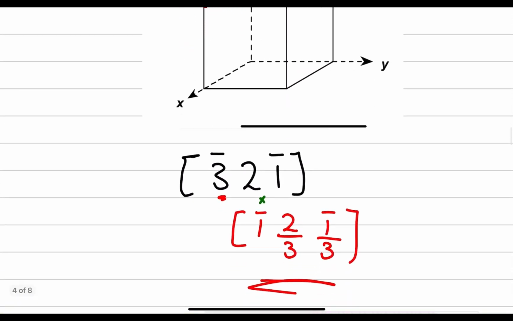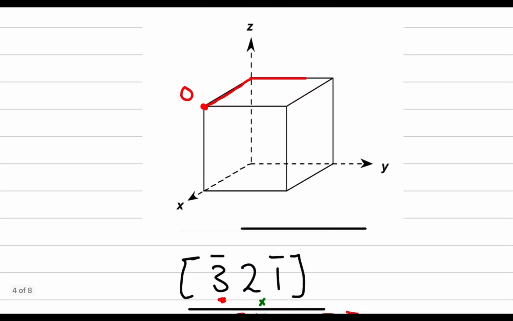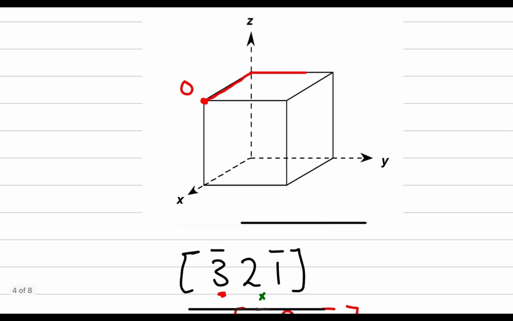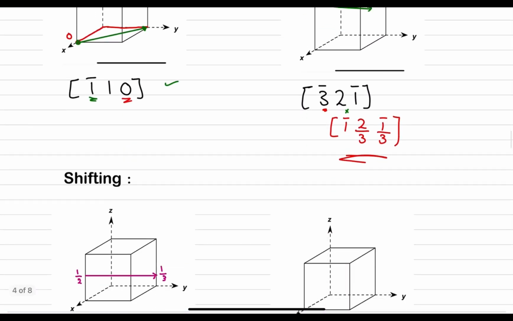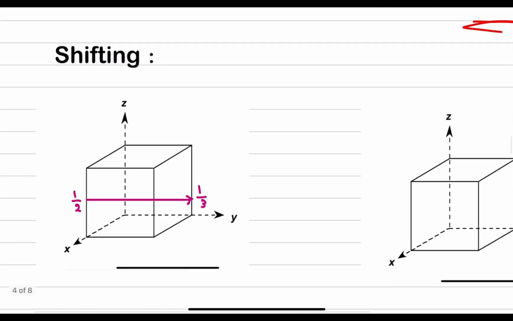And then we go down by minus 1 over 3, in the minus z direction, sorry. So it is almost like here. Then we draw an arrow from the origin to the final point that we reach, like this.